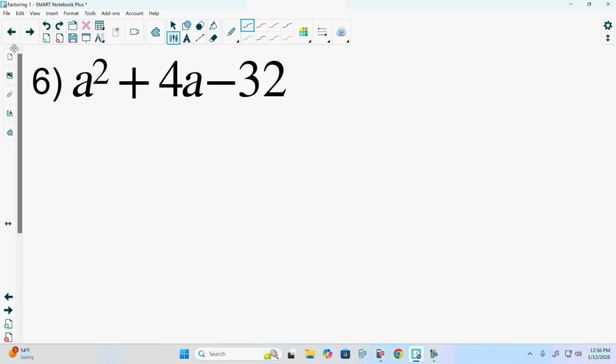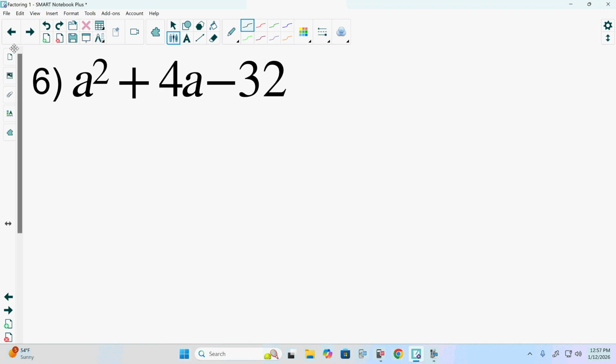A squared plus 4a minus 32. Is there a greatest common factor between these three terms?